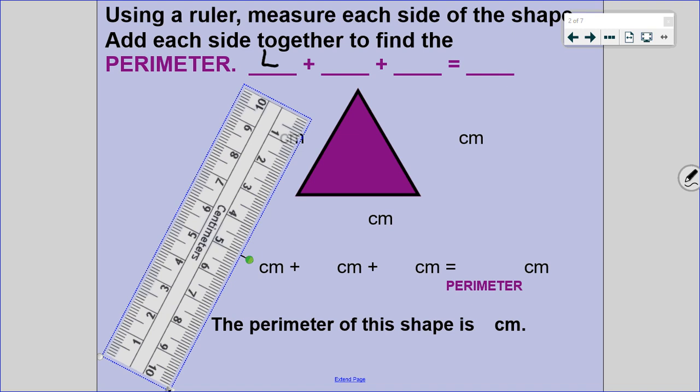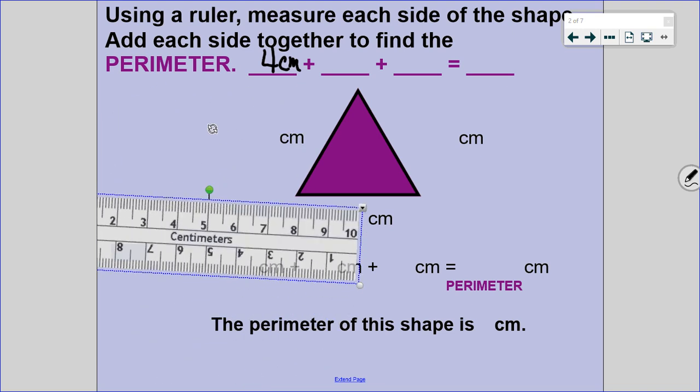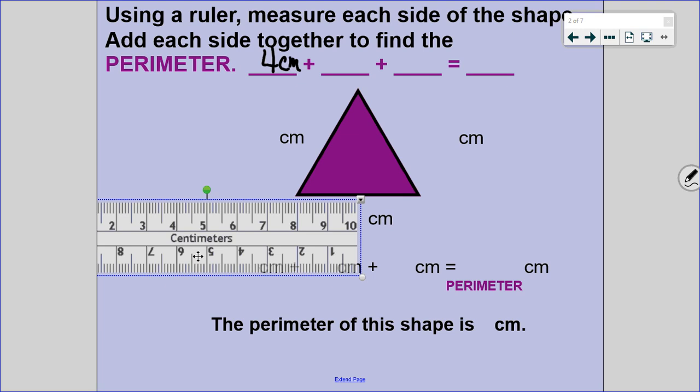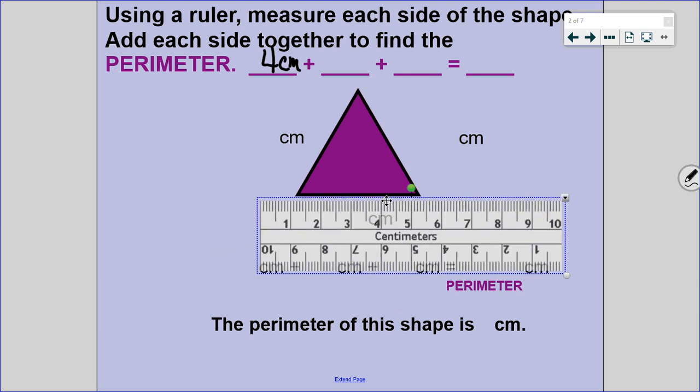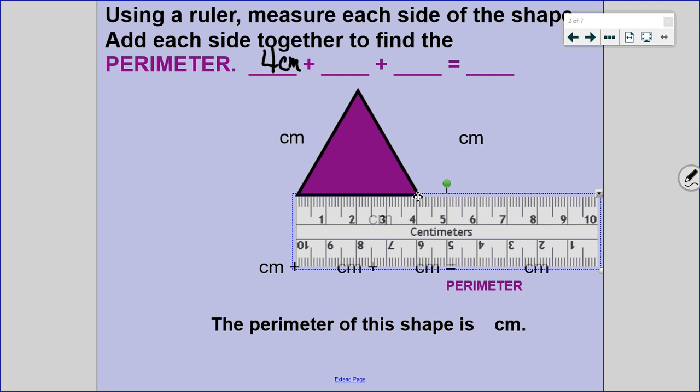I'm going to come up here and write 4 centimeters because I'm using this ruler to measure each side. I spin around with my ruler and line it up on the bottom part. Let's see. Oh, that side is 4 centimeters as well.